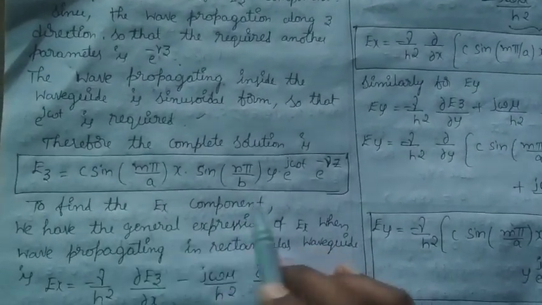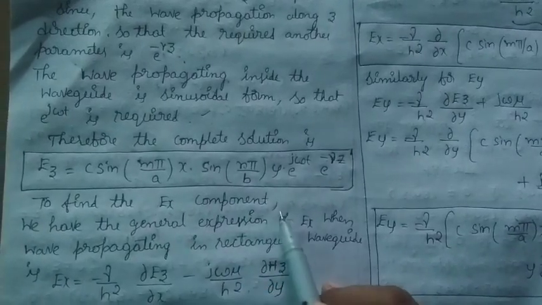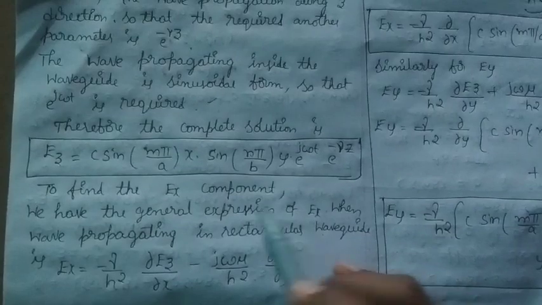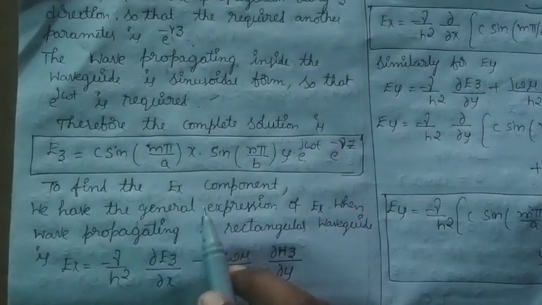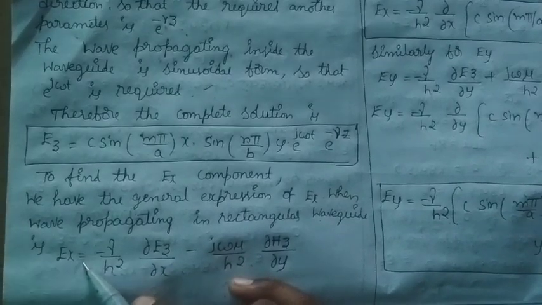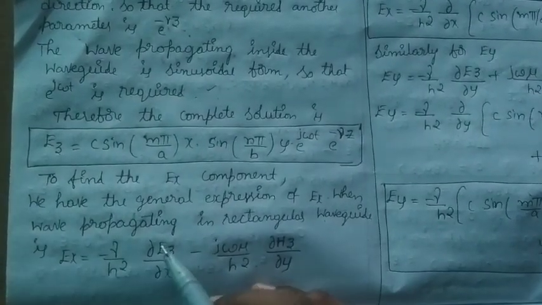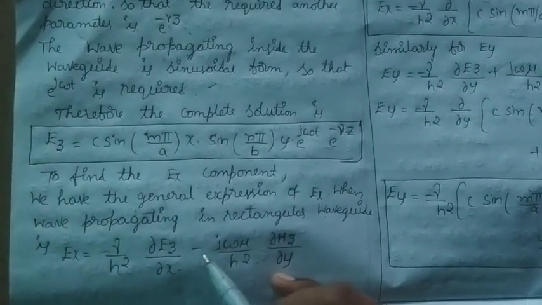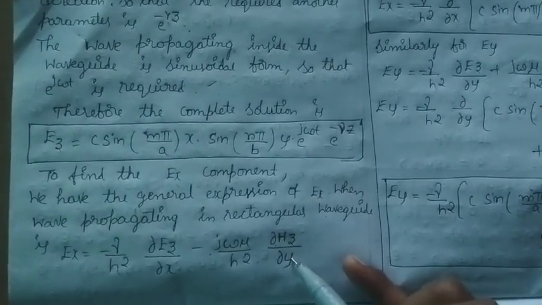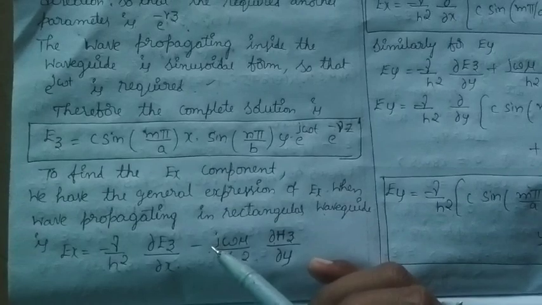To find the Ex component, we have the general expression of Ex when a wave propagates in a rectangular waveguide, that is Ex = -γ/h² ∂Ez/∂x - jωμ/h² ∂Hz/∂y.